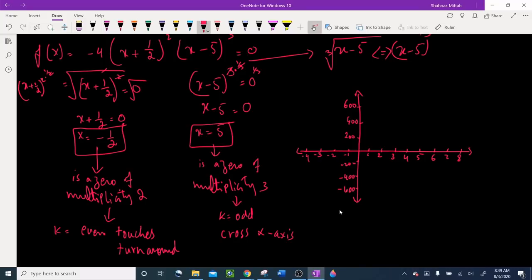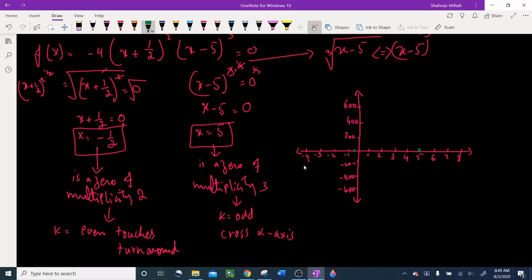Now let's figure it out. This is my negative half, and I'm going to use a different, bright color. Negative half is right there, and then I have x equals 5, right there. These are my x-intercepts, my zeros, my solutions, or roots, whatever you call them.